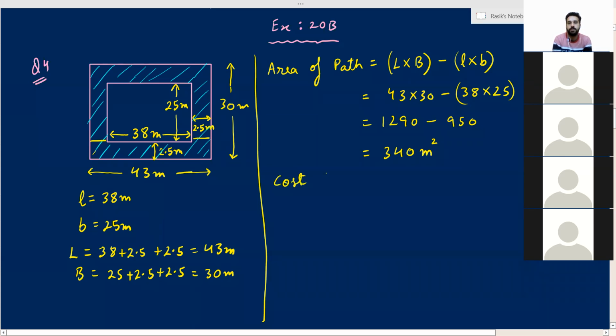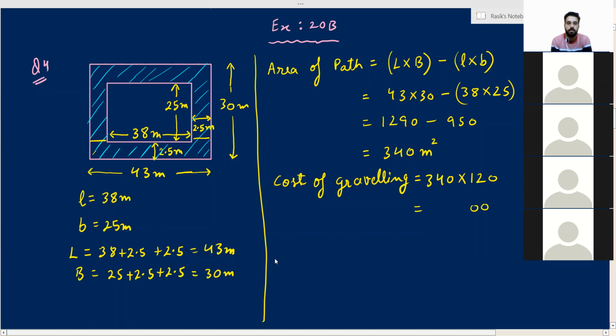Yes, sir, it's correct. Cost of graveling the path. The rate at which we can do the graveling is rupees 120 for 1 meter square. That means for 340 meter square, you will multiply 340 by 120. What is the product? 340 multiplied by 120.